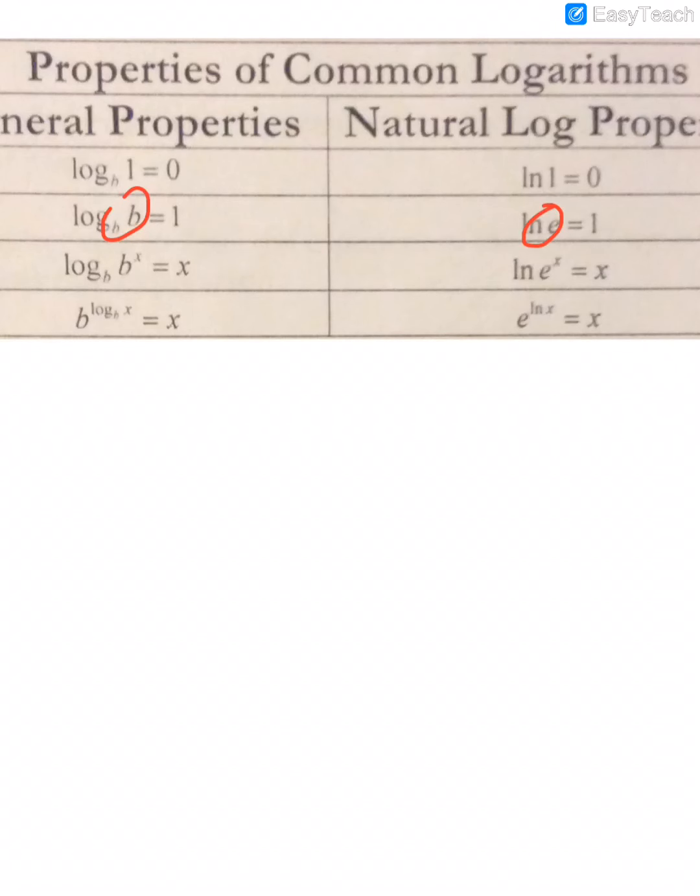Here we don't see the base, but we know if it's ln, the base is e. So if my argument is e, it's going to equal 1. Or if I have some exponent, it's going to cancel out and equal whatever the exponent is, just like in the general logarithmic properties. And then here we have e to the ln of x power. Well, that ln has an understood base of e, so that part cancels out and it just equals what's left, which is x. So it's the same properties again as the general properties.